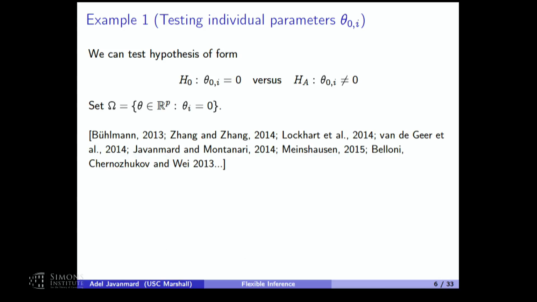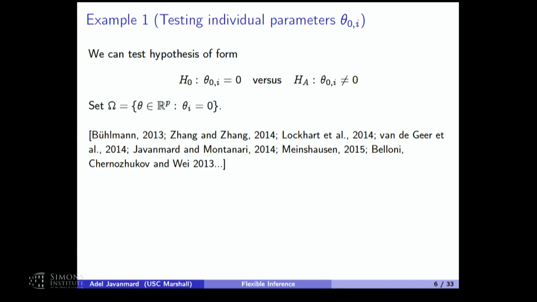The first example is when you want to test one specific parameter in your model. So you want to test whether theta 0 i is 0 versus the alternative. I think Lester gave a very good example yesterday that you had some pricing model and you want to see what's the elasticity, what's the effect of price on the demand. That corresponds to, for instance, doing inference on one coordinate.